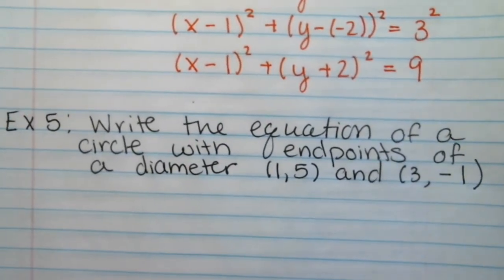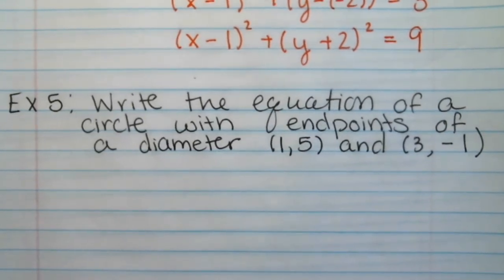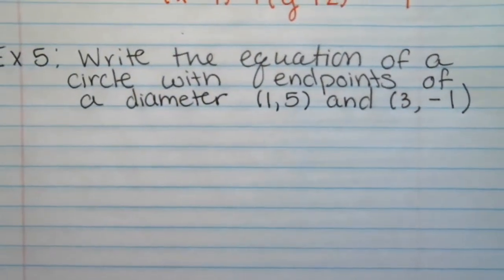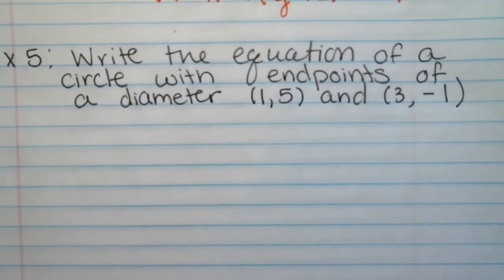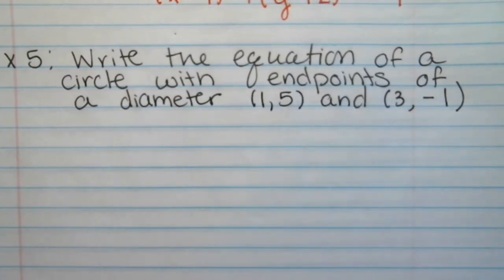So now we have an example where we just have 2 endpoints of the diameter. So remember, a diameter is a line that goes right through the center of the circle. So these 2 points are where that line through the center of the circle intersects with the circle itself.